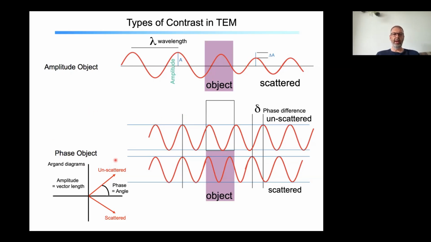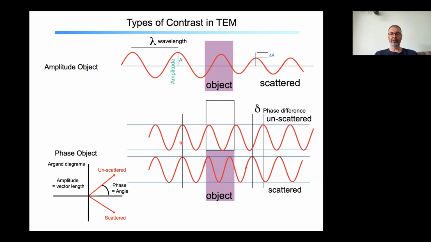Amplitude objects are probably closer to negative stain, where you have heavy atoms, strong scattering objects. Most of what we're going to talk about today are phase objects. They don't scatter electrons very strongly, and you don't get this amplitude reduction post object.